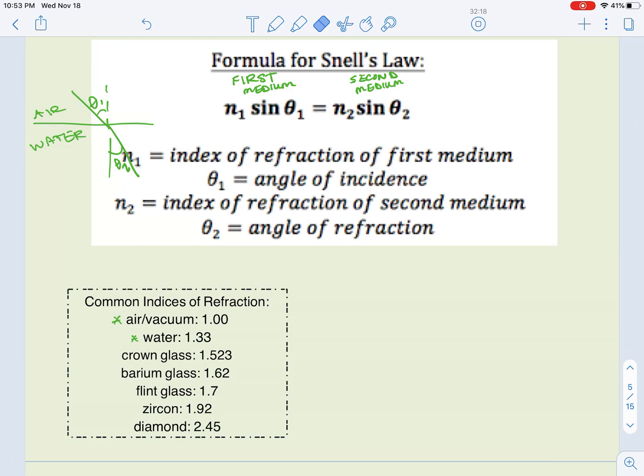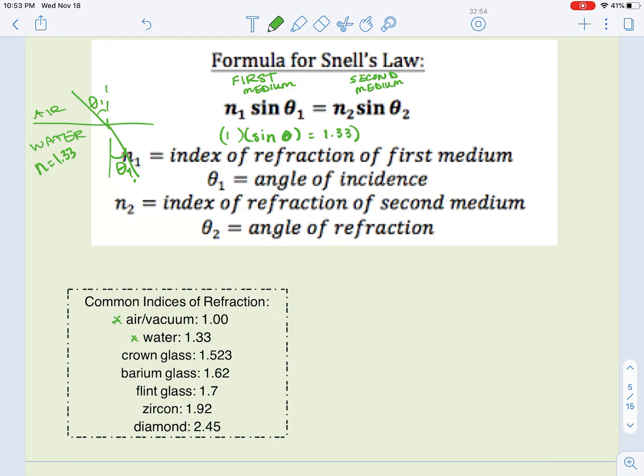If I maybe knew what the n value of my second material was, so let's say the n value was known, and I wanted to figure out what angle that light will be refracted, then I would plug in theta 1, N1, which is air, so it's the number 1, and then N2 in this case would be water, so 1.33.